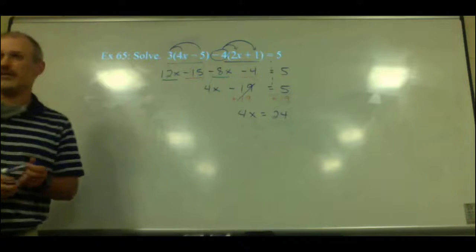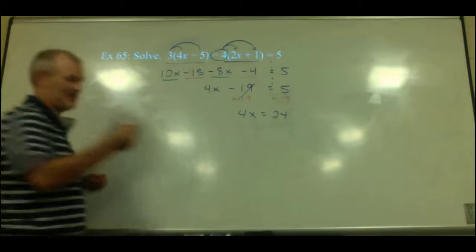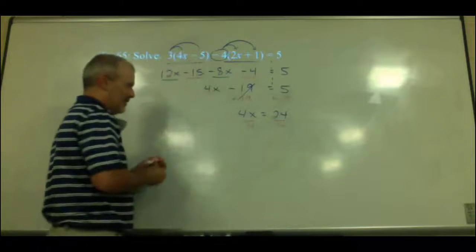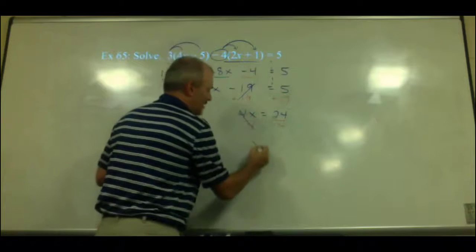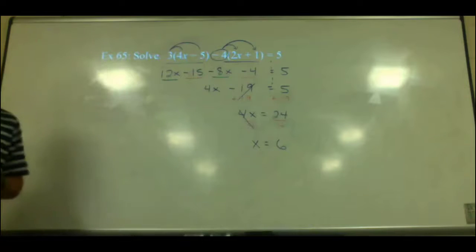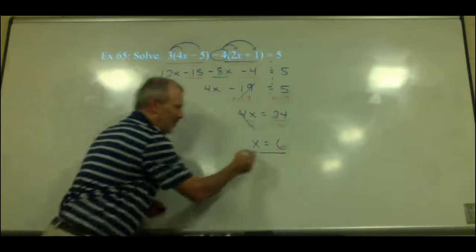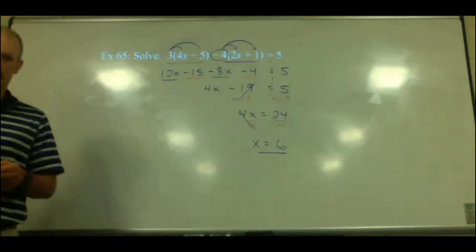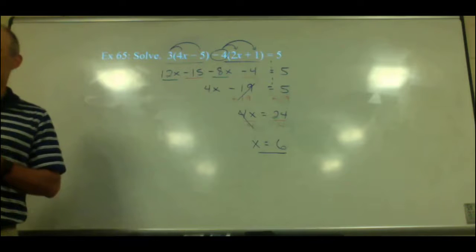What else do we have to do? Divide by 4. So that means the 4's cancel out. We have 1x left over, and this would be 6. And so again, once we finally get the x by itself, then we're done. Okay. Any questions on that one?